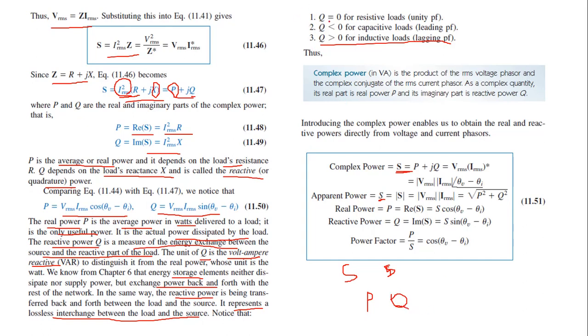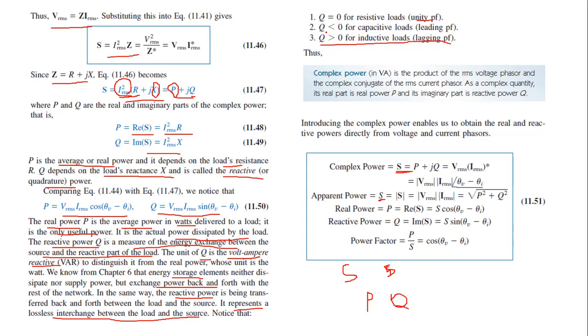So if the value of Q is 0, let us substitute it here. Value of Q is 0, what does it mean? We don't have the imaginary part, so S will be equal to P. So complex power is actually equal to the real power. This happens only when the reactance is 0. So we will get the unity power factor.